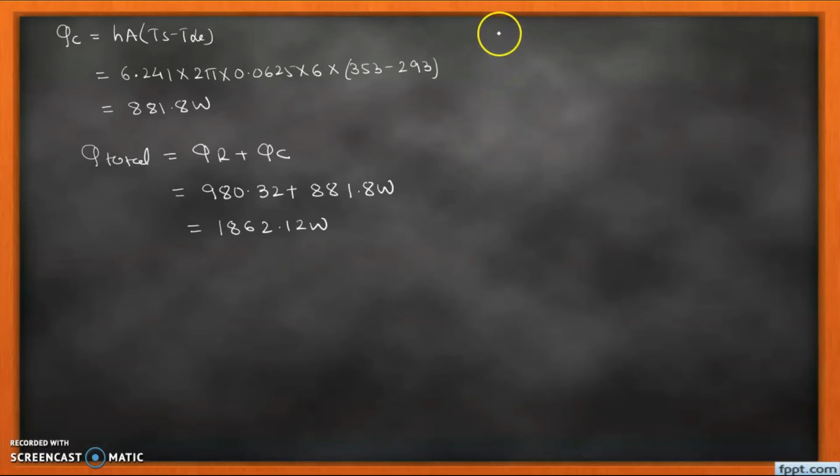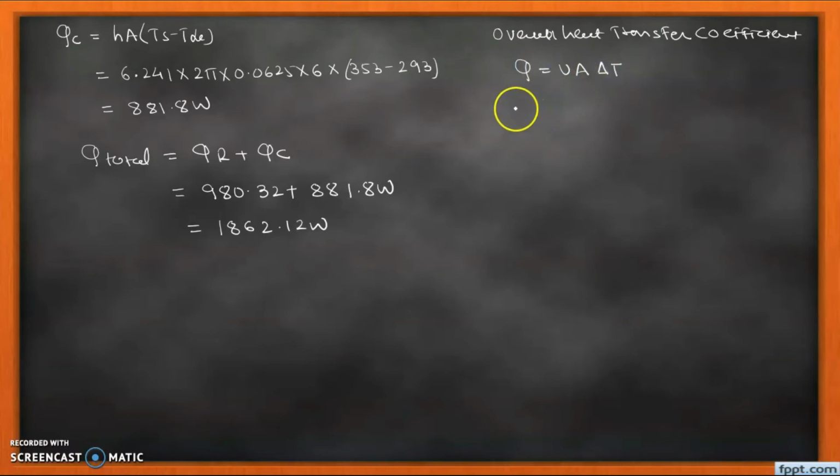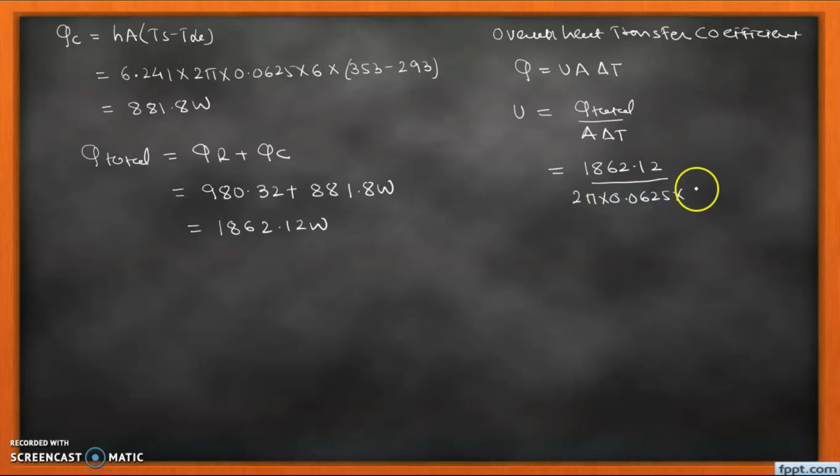So first we calculate the overall heat transfer coefficient. So Q equals UA delta T. We make U the subject, so it becomes Q total divided by A delta T. The value of Q total, we know that it is 1862.12, divided by the area, 2 pi into the radius 0.0625 into the length 6 meter, into the temperature difference 353 minus 293.